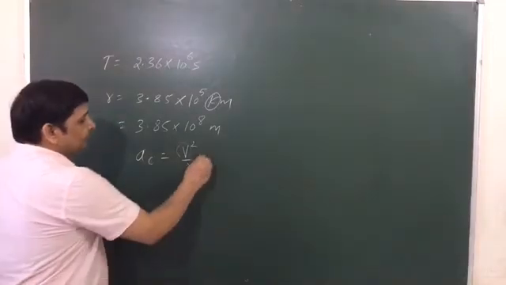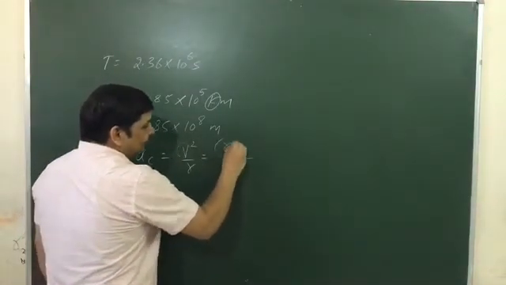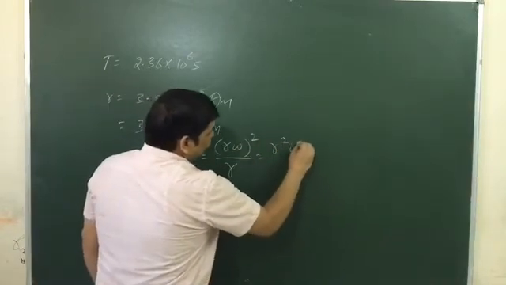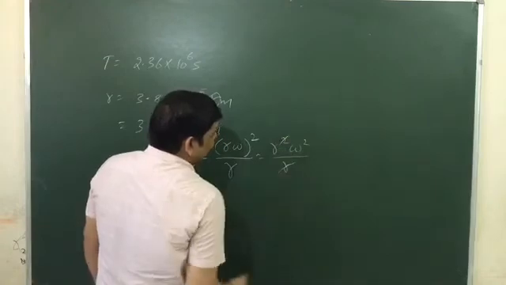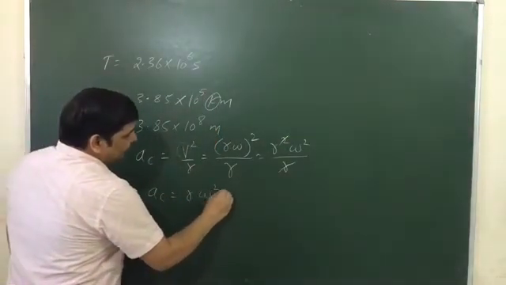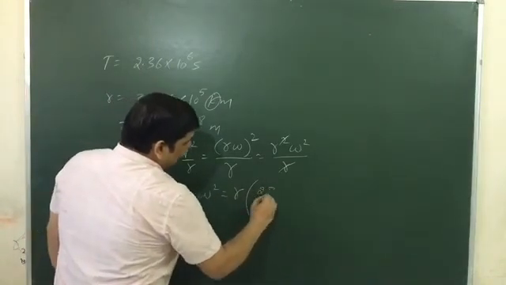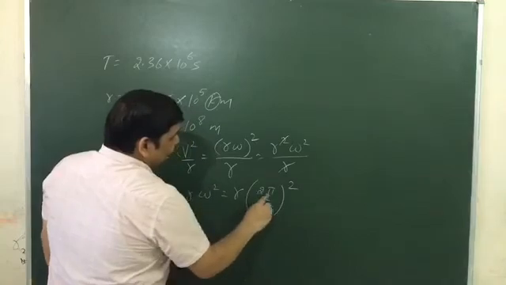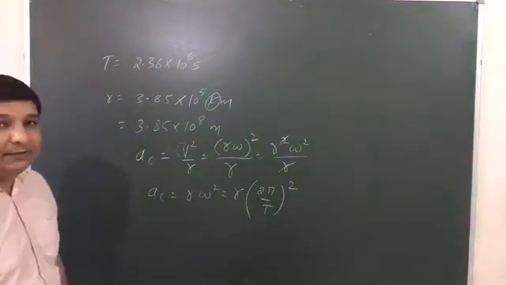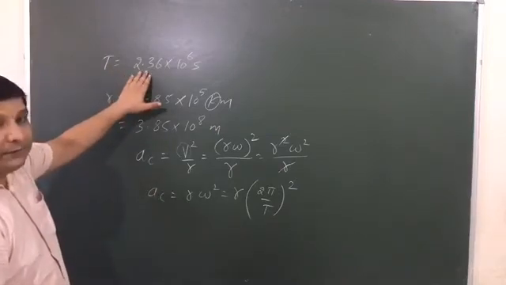Therefore, v is replaced by r omega, r square omega square by r. Therefore, centripetal acceleration will be equal to r omega square. Omega is given by 2 pi by T. T is time period, meaning time taken to complete one revolution, and it is given.